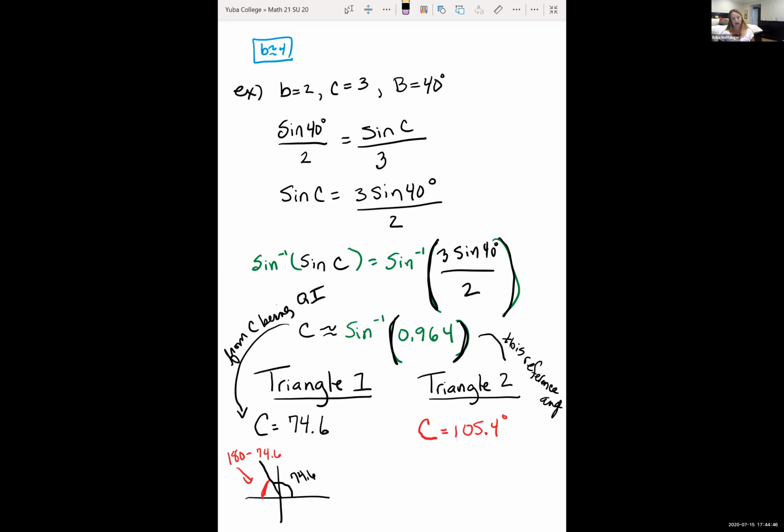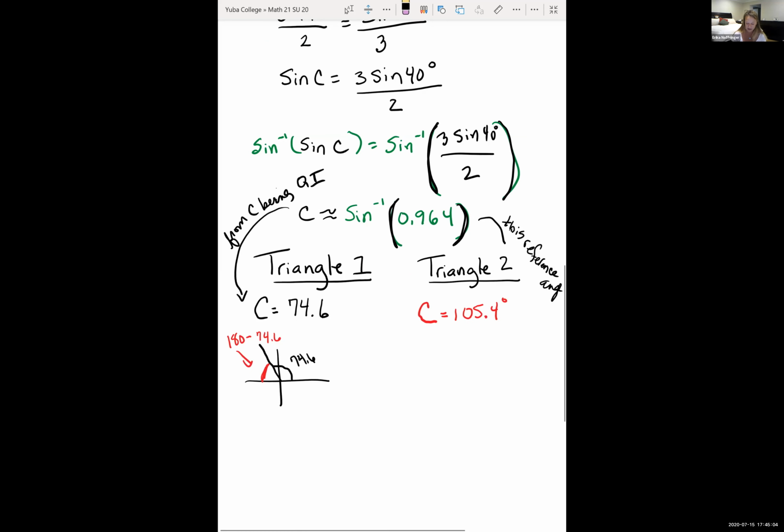So this is where, if there's not two triangles, it's going to fall out, because we know that all 3 angles have to sum to 180 degrees. We have one here, 40 degrees, and we found one here, 74.6 degrees. So we can find what angle A is.